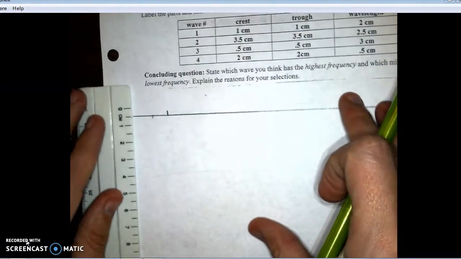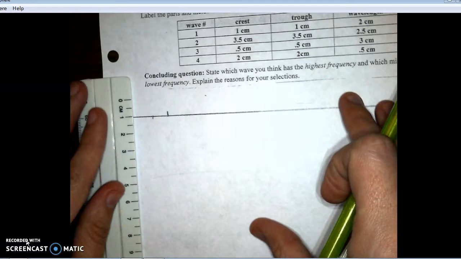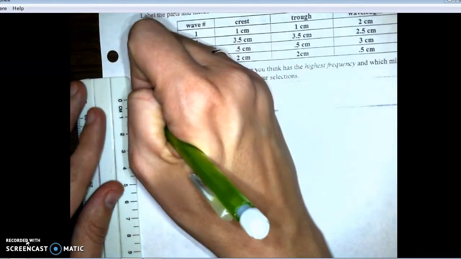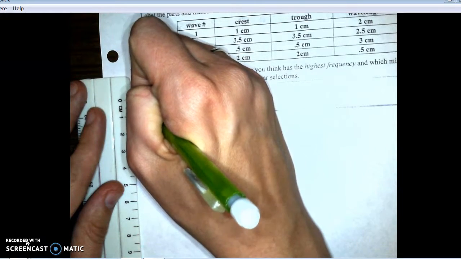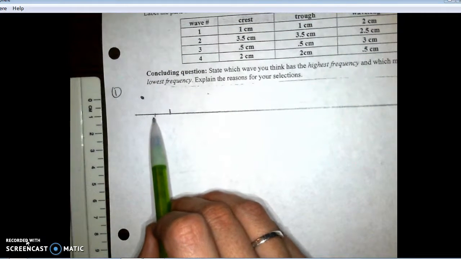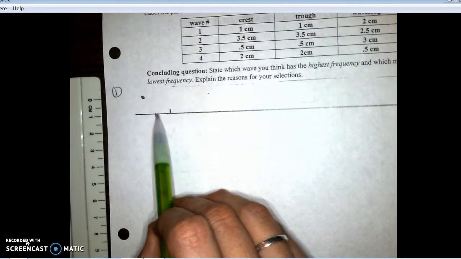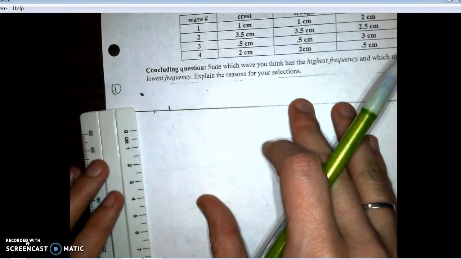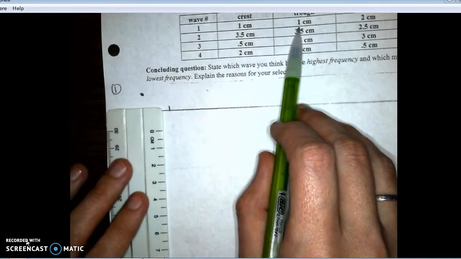So I'm going to move my ruler here. If I start at 0 and go to 1, that means my crest can be right around here. I'm just kind of eyeballing it somewhere in the middle between here and here. And then I want my trough to be somewhere in between here and here. I'm eyeballing it again, and it also is supposed to be 1 centimeter.